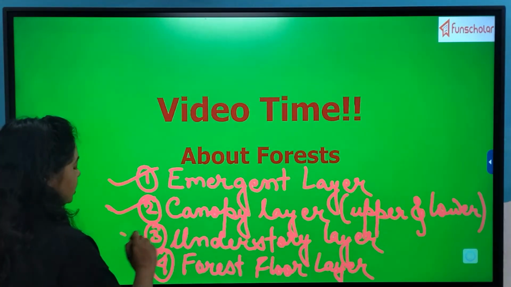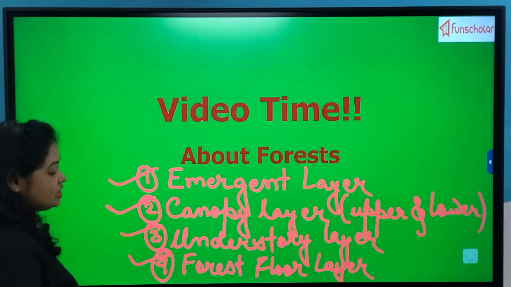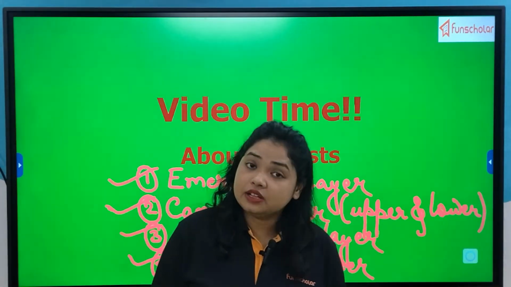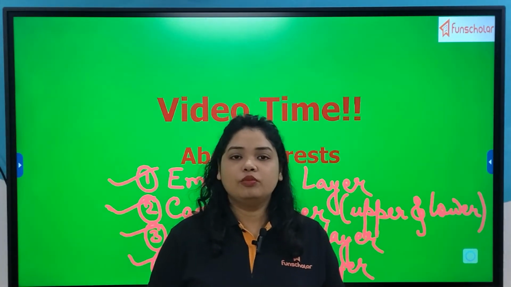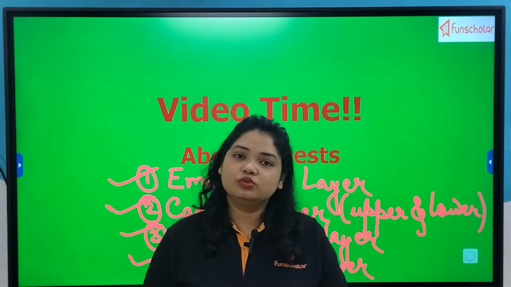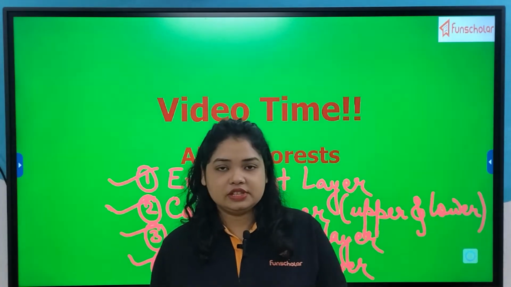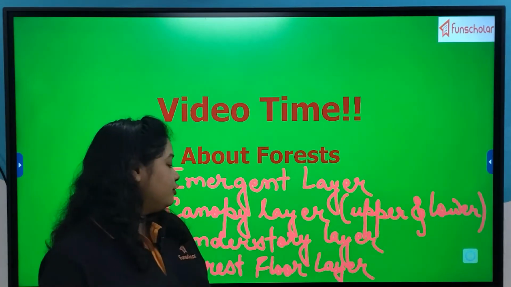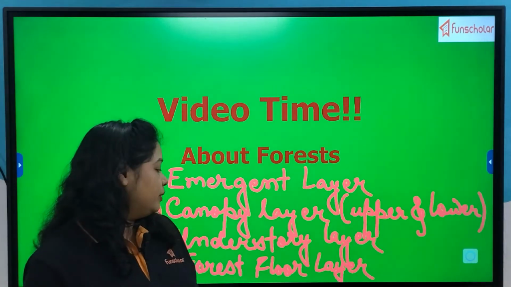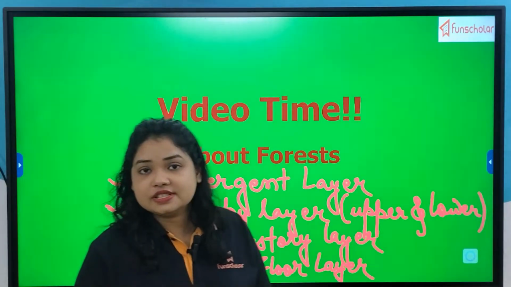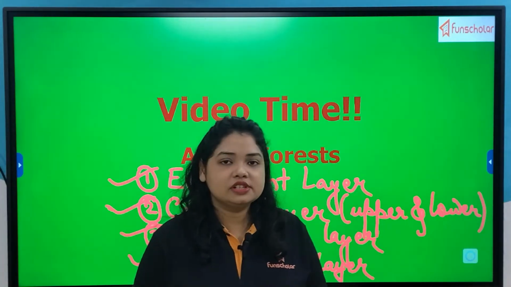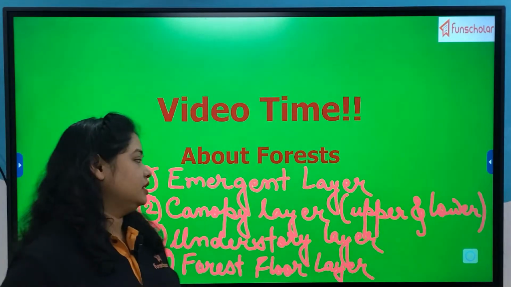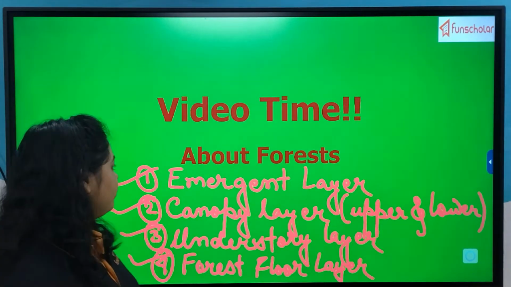And finally, we have the forest floor, which is inhabited by the majority of the wild animals, ranging from decomposers to large animals such as elephants. And the forest floor is home to many shrubs, bushes, creepers, climbers, as well as grass population. So this is the brief idea about the forest.